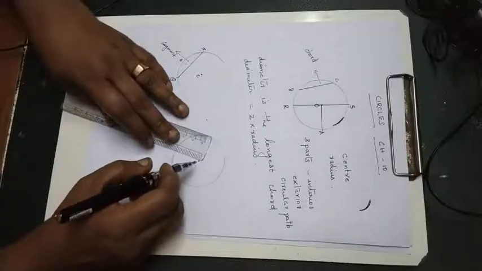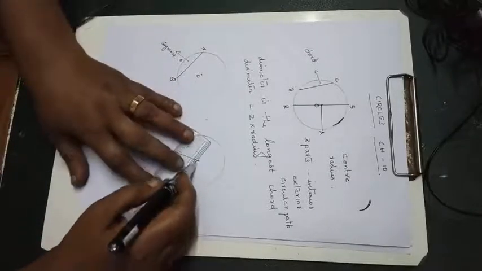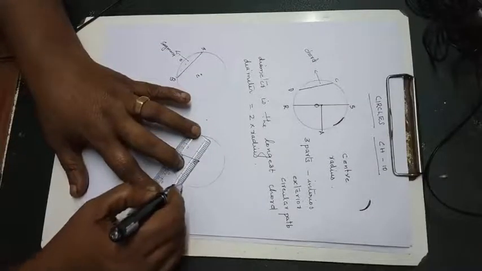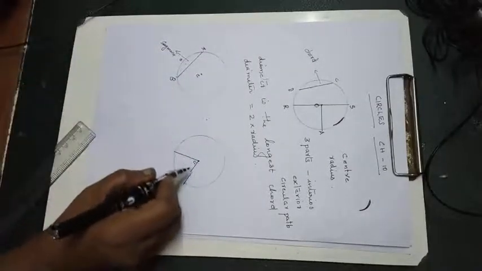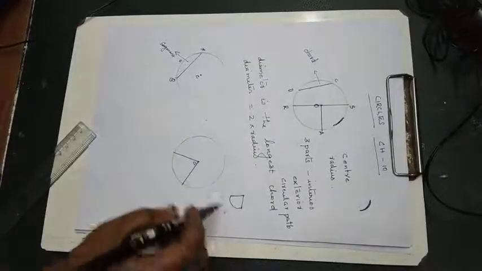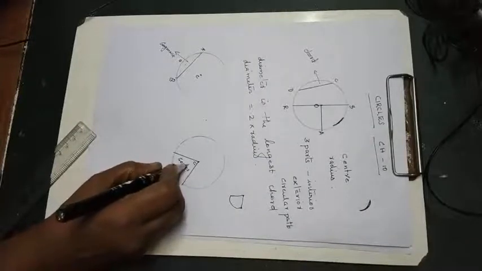Now comes sector. When you take two radii, the portion in between the two radii comes like this. The shape is like this. This one is called a sector.